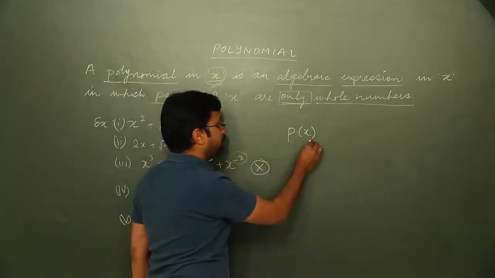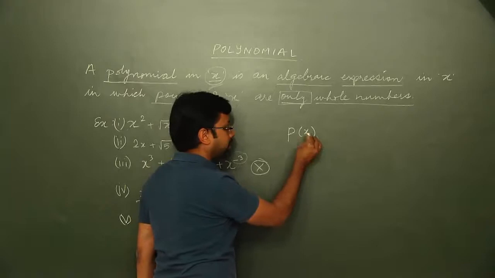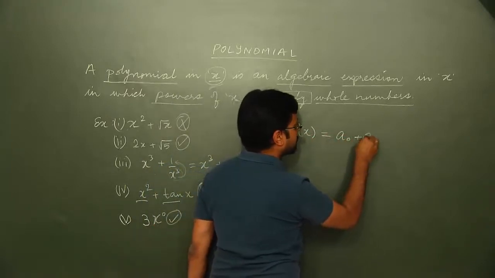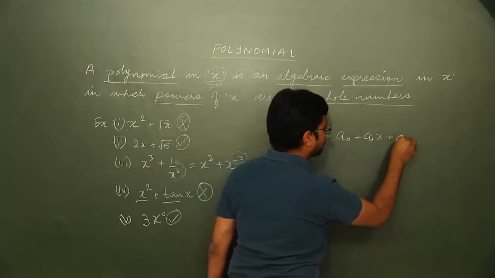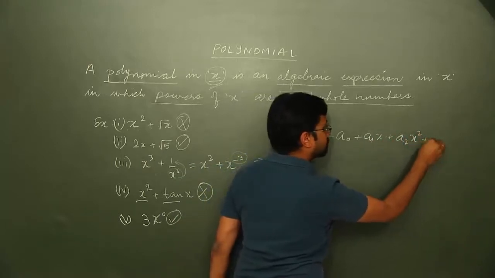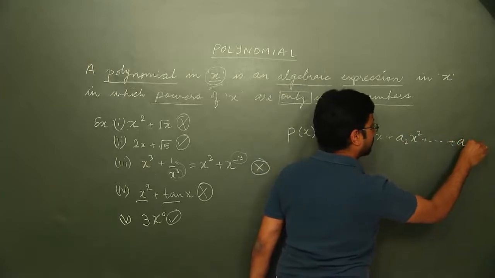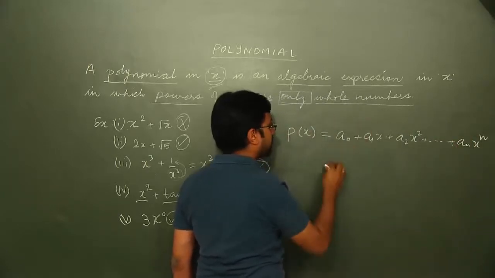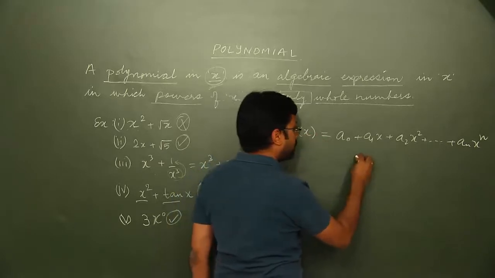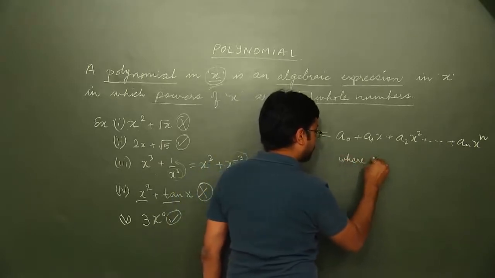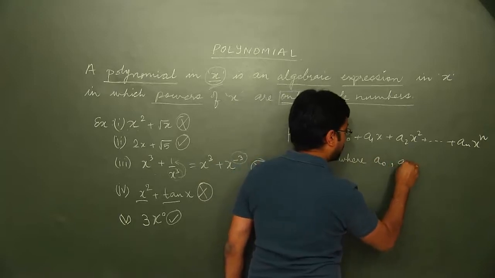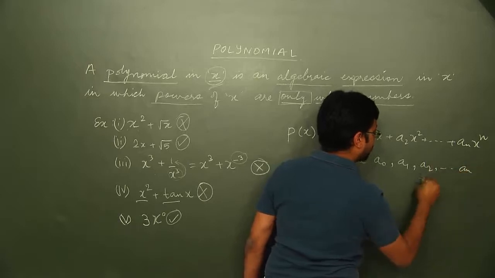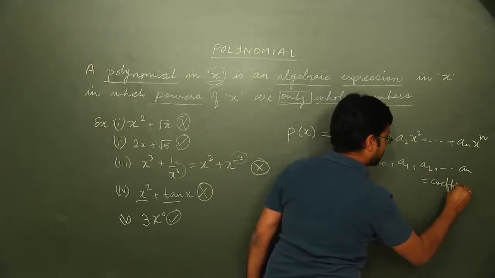So polynomial in x, and this is read as polynomial in x, is the general form. This is the general form of an algebraic expression or a polynomial in x, where a0, a1, a2 and all these are coefficients.